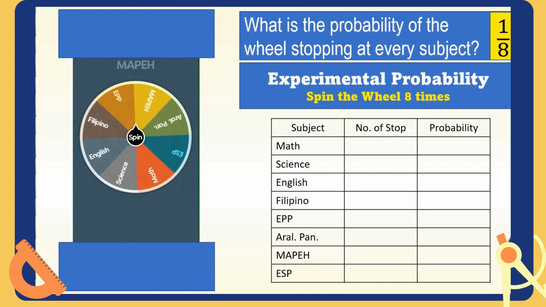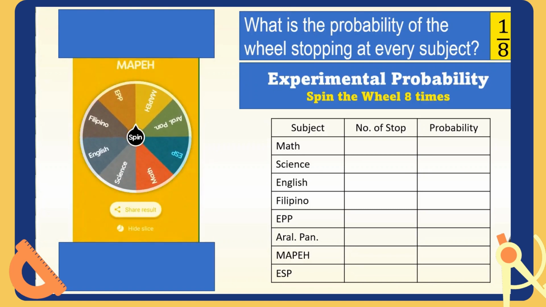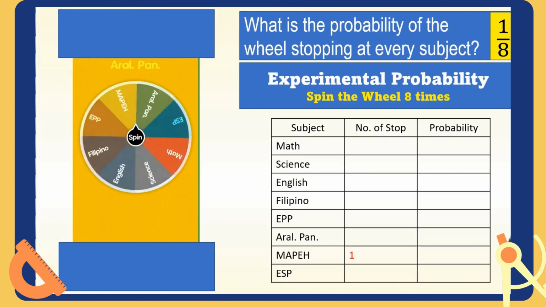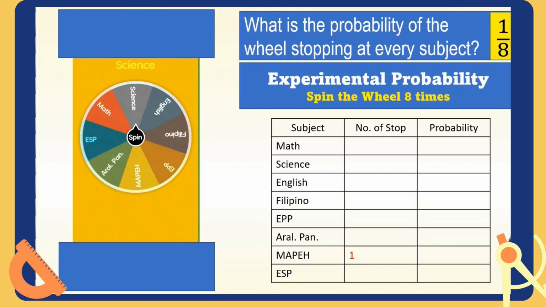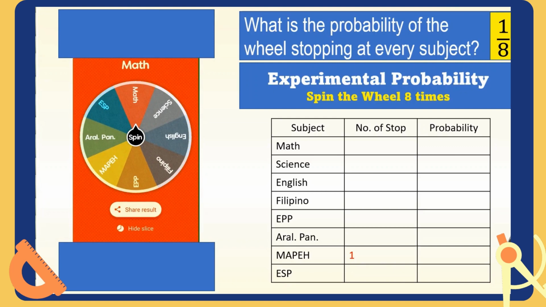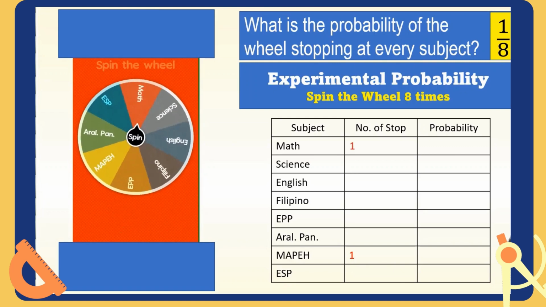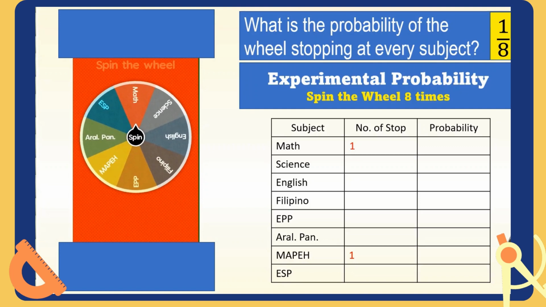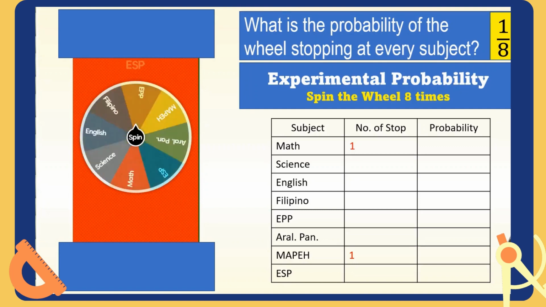At ang una ay huminto sa MAPE. So, tantusan natin yung MAPE. Next subject, pangalawang trial natin ay huminto ngayon sa math. Ibig sabihin, tantusan natin yung math. Okay, nasa pangatlong spin na tayo.